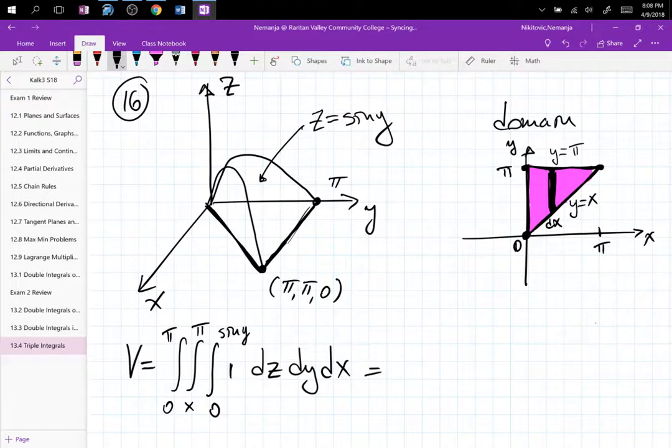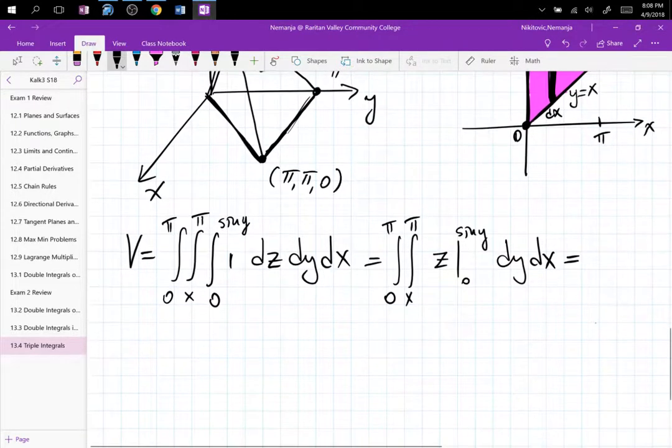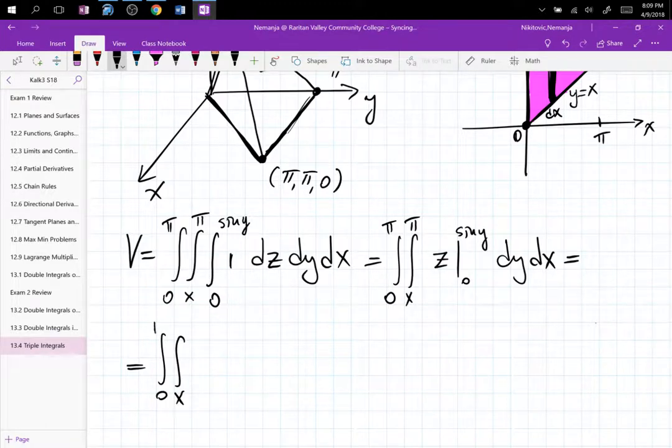And now we compute this quickly. 0 to sine y dz. So when I integrate, that's going to be z from 0 to sine y, dy dx still. Plug in sine y minus 0, that doesn't do anything, and then dy dx.